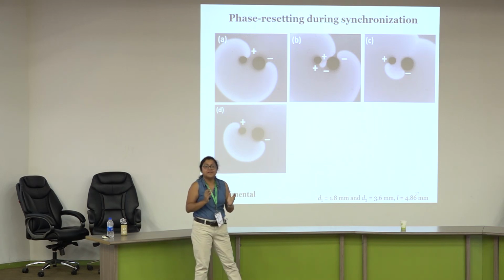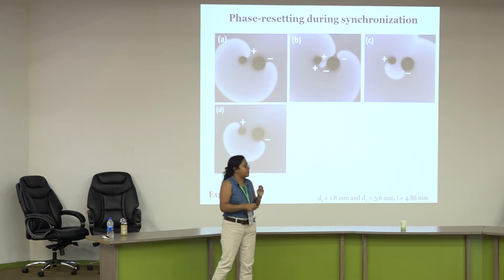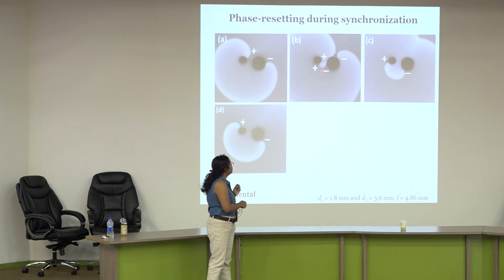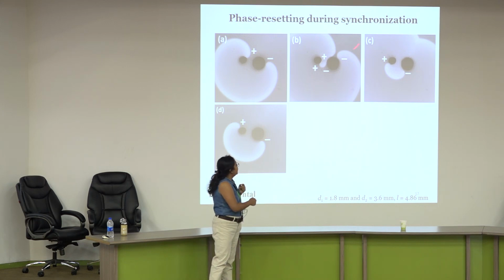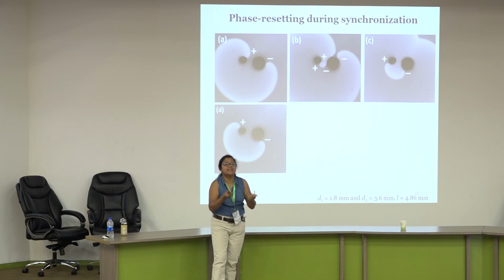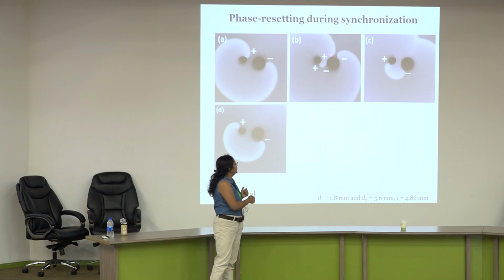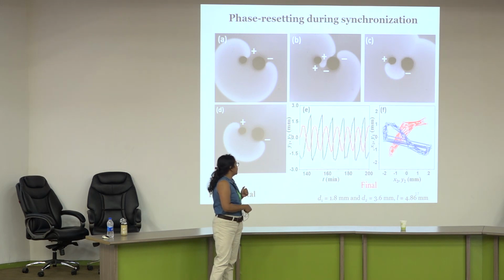This happens when one obstacle is very big and one is very small. The wave gives us two new singularities, and you can see that this plus and minus approach each other and annihilate, as if the minus tunnels suddenly here. So this is the resetting. You are resetting the phase suddenly, because these two annihilate and this minus takes the space, goes there again, annihilates, and comes back. This is an interesting dynamics which we saw.